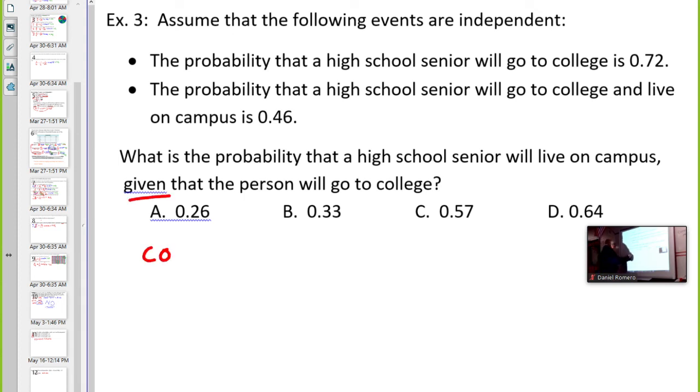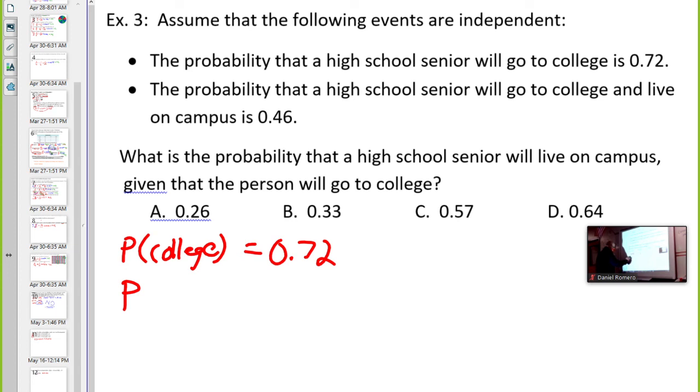Let's use notation. Probability of college is how much? Come on, there's the last one. Fight through it. 0.72.